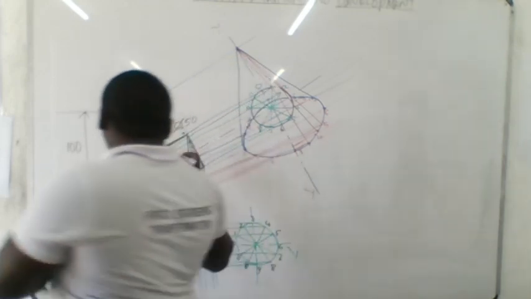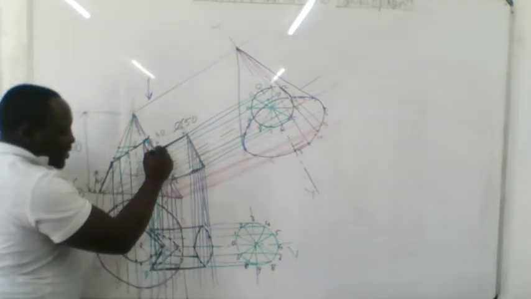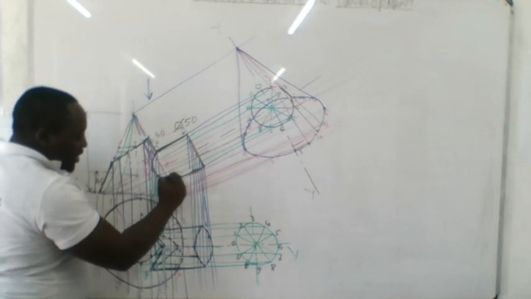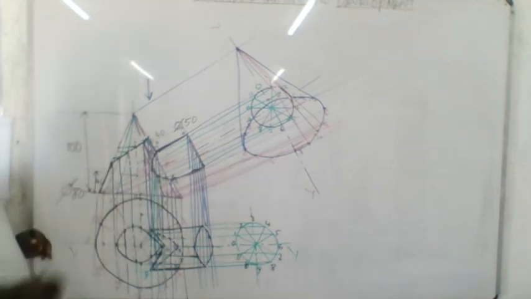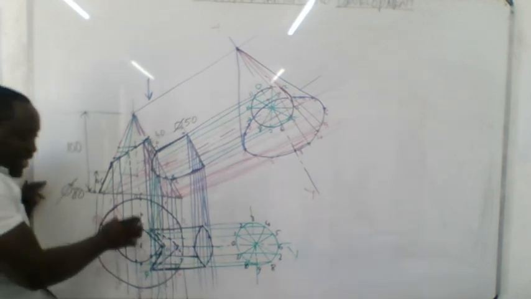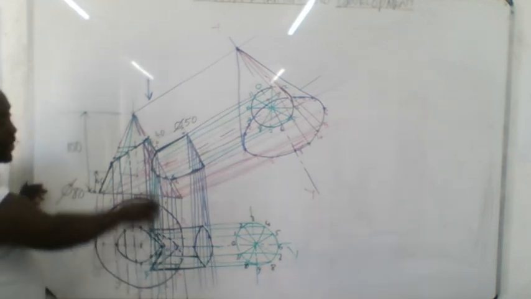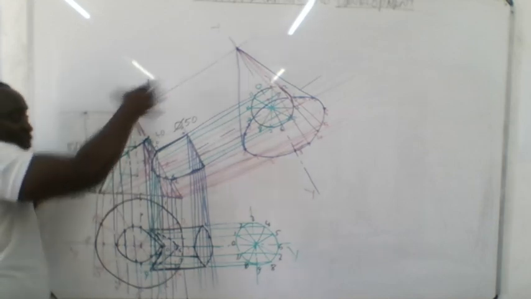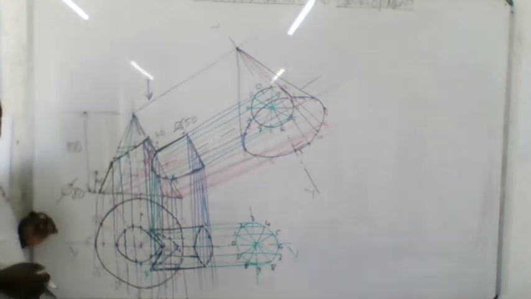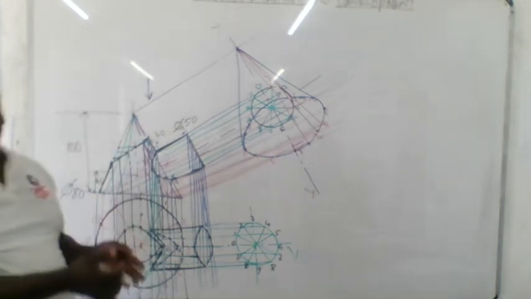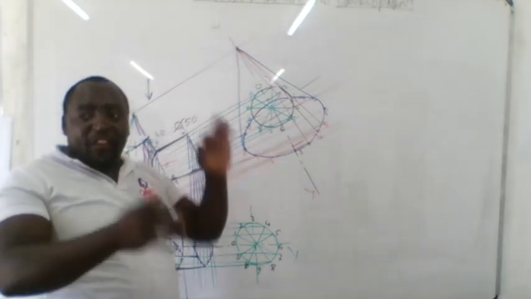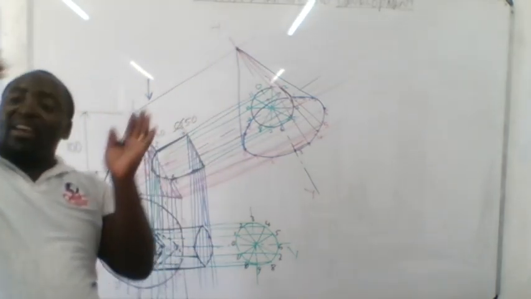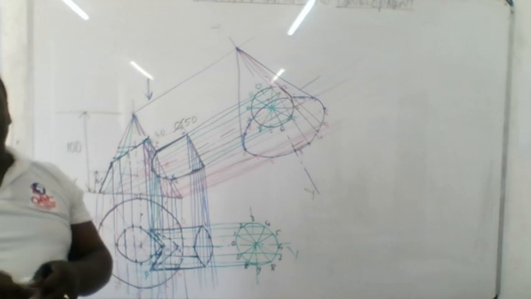Mostly, this is the part. This one is the interpenetration. Only this. But when they give you a question, they want you to get the top view, and they want you to get the interpenetration, and you must show the work. Only this is interpenetration. Development is another question, extension of it.